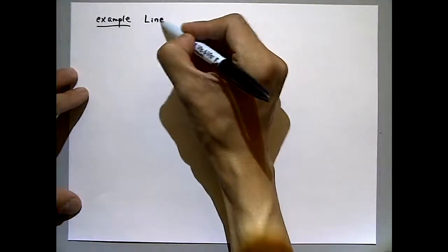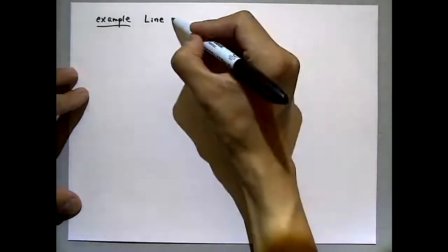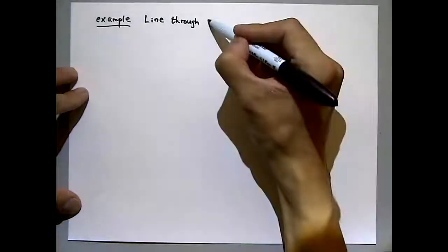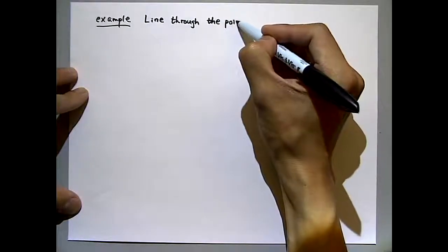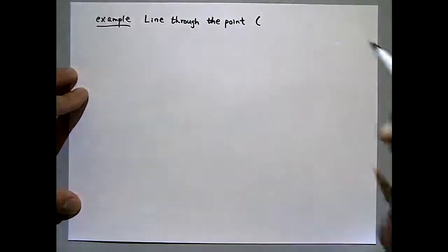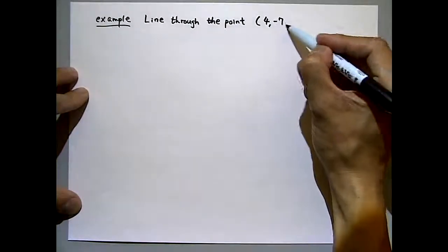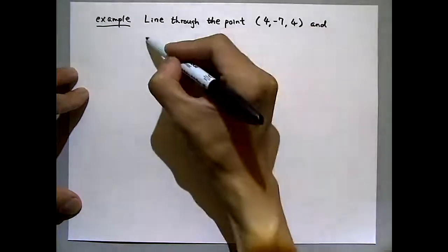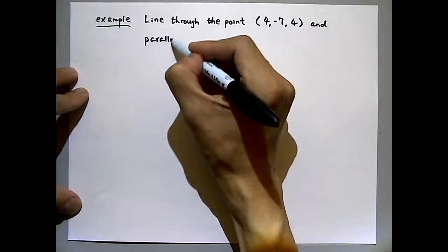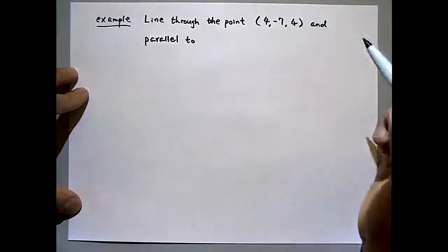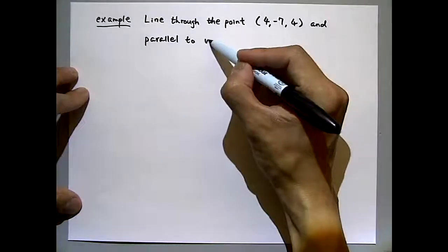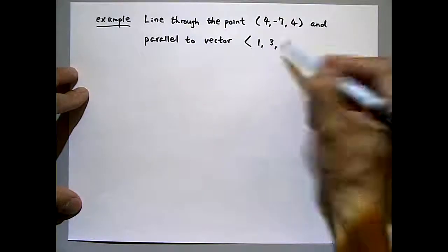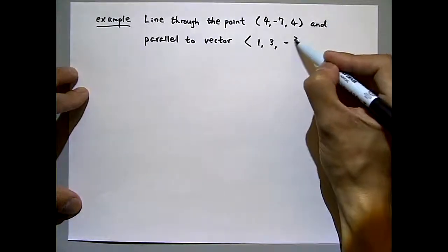Let's find the equation in both forms of a line that goes through the point 4, minus 7, 4, and parallel to the vector 1, 3, minus 2 over 3.